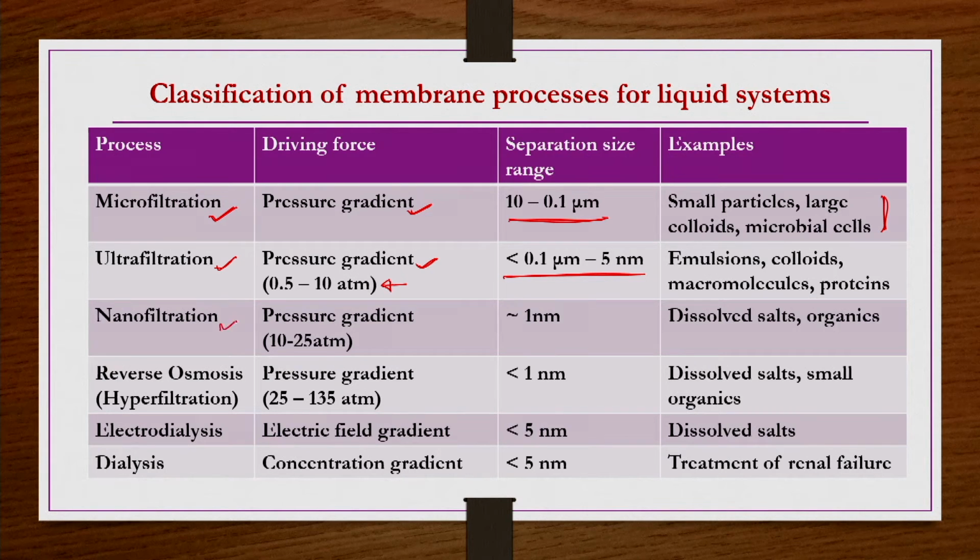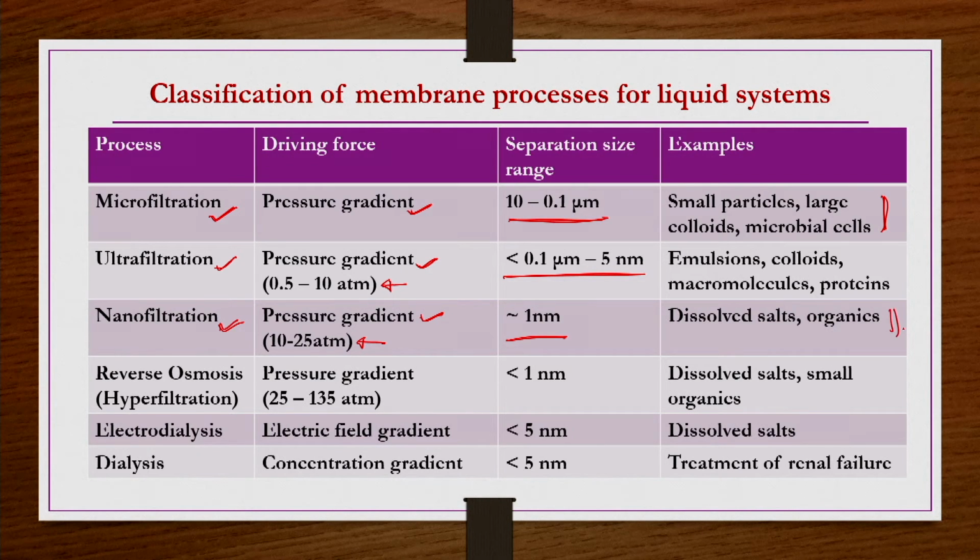If you have nanofiltration, then again the pressure gradient is the driving force, and the pressure drop is in general 10 to 25 atmospheres. They are used if the separation size range is approximately of nanometer size.